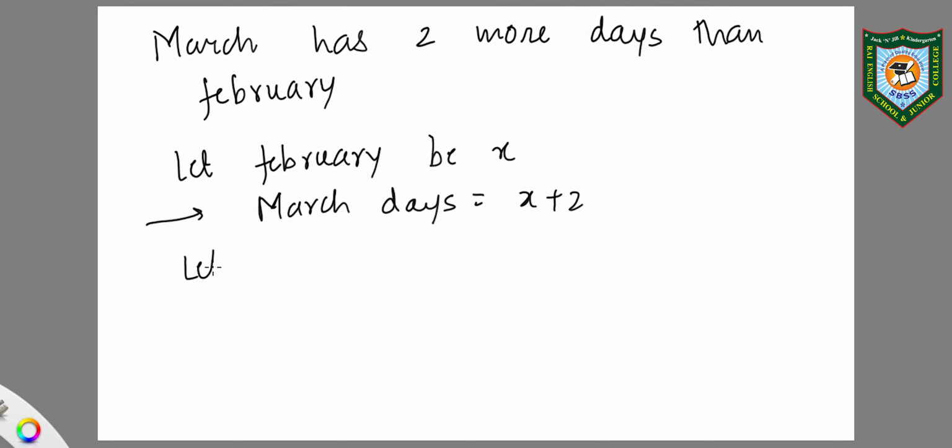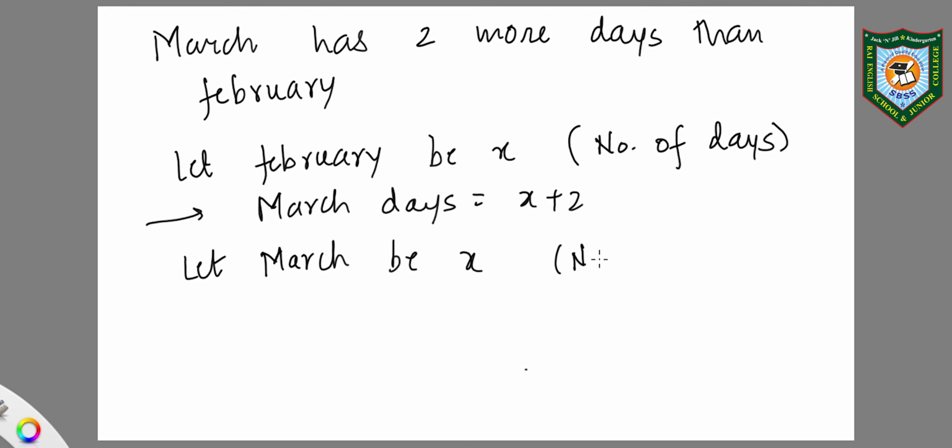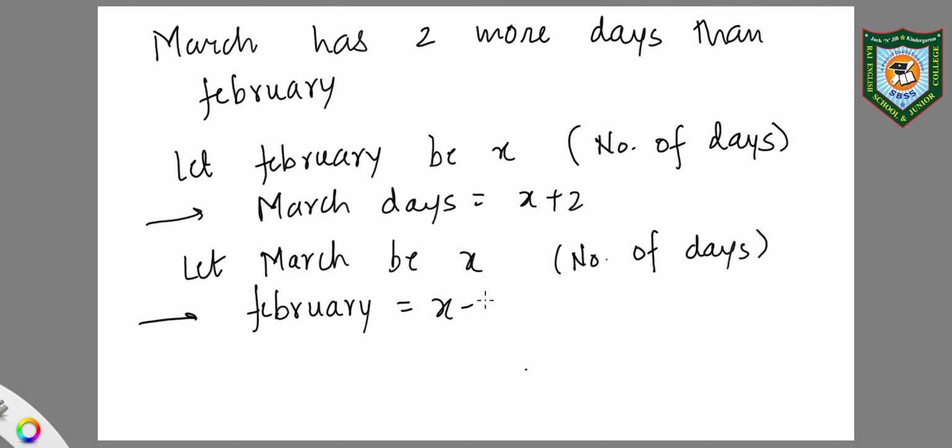And if I let the number of days in March be x, we have to be very specific whenever we define our values, so number of days has to be written here. Let March be x, that means February becomes x minus 2. Always remember, whenever we solve word problems in the future, addition is much easier than subtraction. Therefore, always try to assume the smaller values as x.